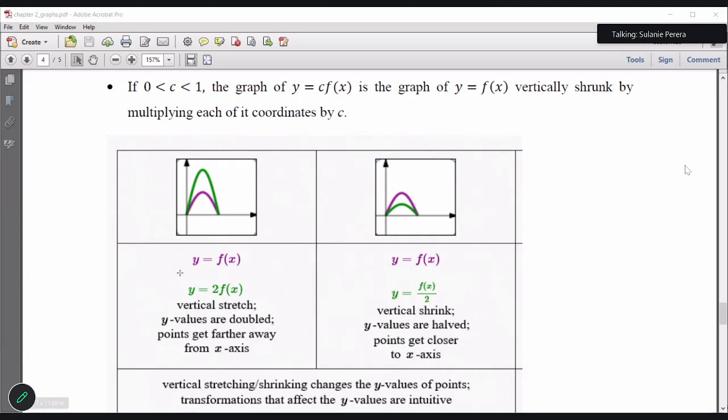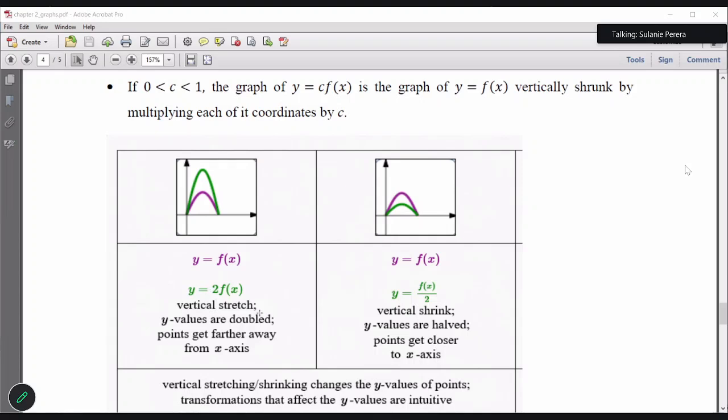So over here, the y values have doubled. If you had y equals 2f(x), the y values have doubled. Here the y values have become half of what they used to be, and the points get closer to the x-axis. They have halved; here they have doubled. So if you multiply by 2, it's like you stretch it.